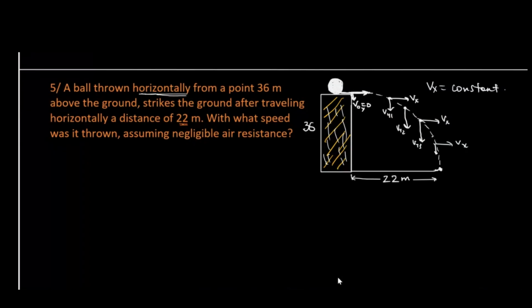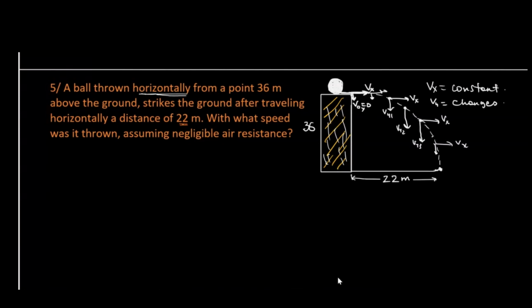Remember I told you there is an x and y component each time, so the vx is still here at the beginning, but we have the y component also. That starting y component is of course 0, but after that it will keep increasing. The y component will increase, but the vx still remains the same. This is a very important point. But vy, the y component, changes. These are the key points that we have to know when we talk about projectile motion.